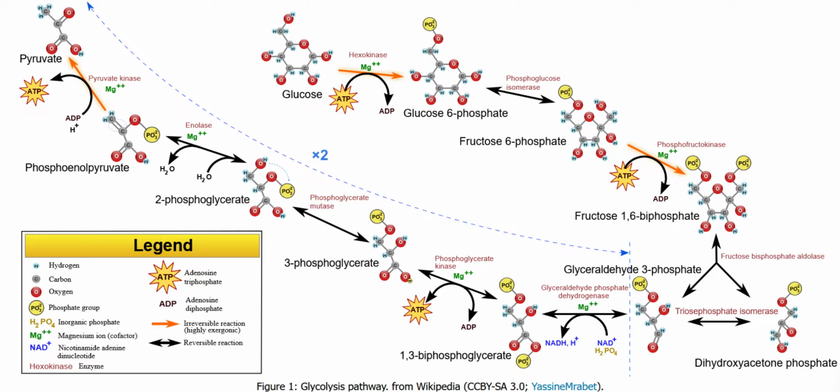So phosphofructokinase is an allosteric enzyme and represents a key regulatory step in glycolysis. The rate of glycolysis is critically dependent on the activity of this enzyme, which is regulated by ATP and other metabolites. Now let's look at the second stage of the glycolysis.